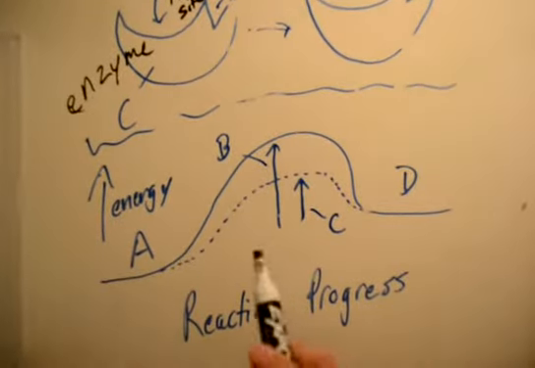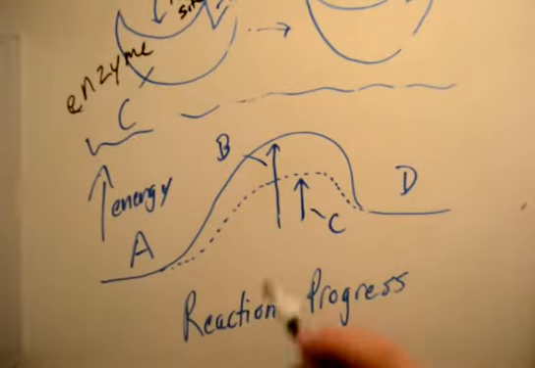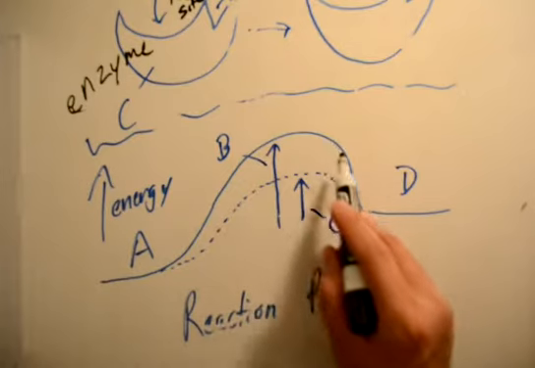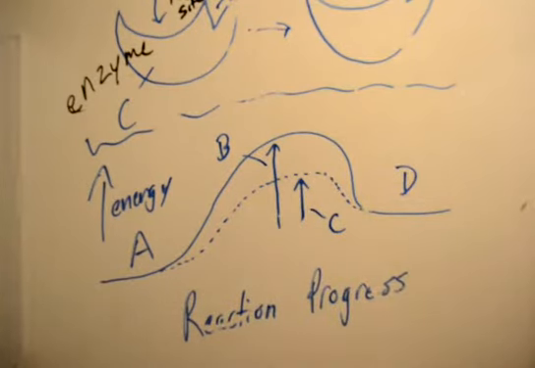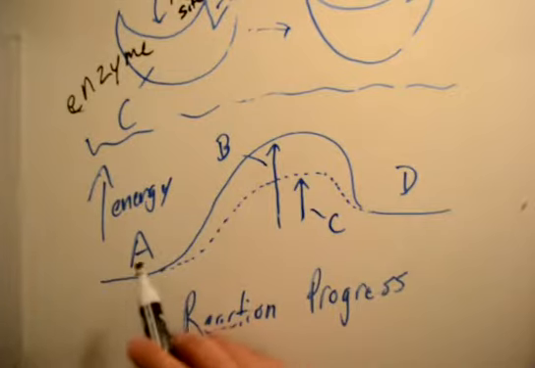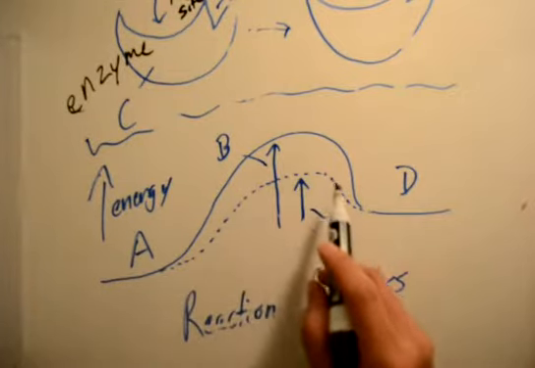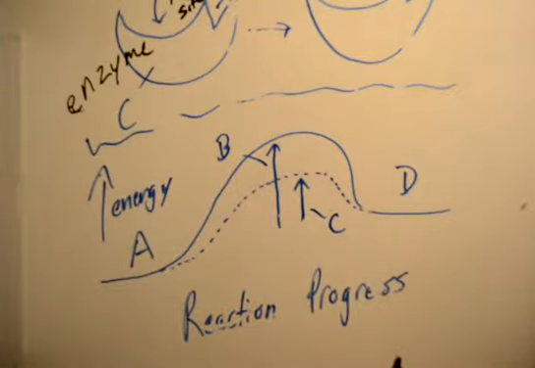Now, this is going to be our enzyme reaction. So this reaction here, the one that's higher, is the reaction that does not have the enzyme. Whereas, as you can see, this dotted line illustrates a reaction that occurs with an enzyme.